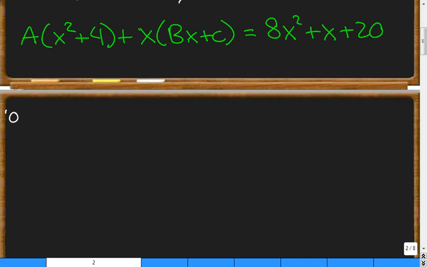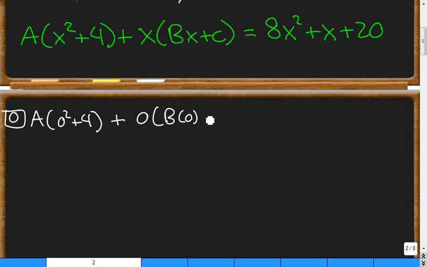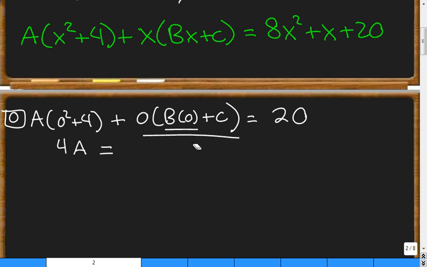So if we plugged in the number 0, we would get A times (0 squared plus 4) plus 0 times (B times 0 plus C) equals 8 times 0 squared, which is 0, plus 0 plus 20. So this is just going to equal 20. So we get 4A equals 20 because this whole thing zeroes out, and we get A equal to 5.